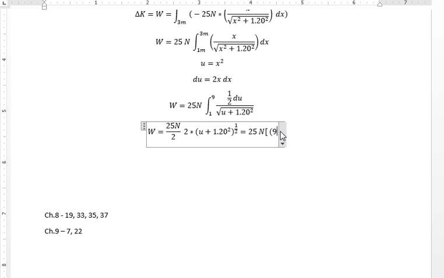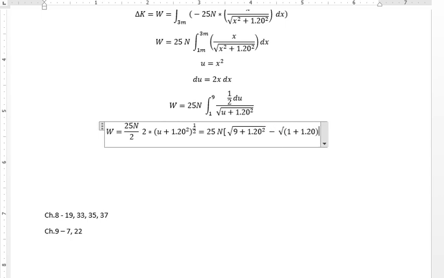So we've got the square root of 9 plus 1.20 squared minus the square root of 1 plus 1.20 squared.